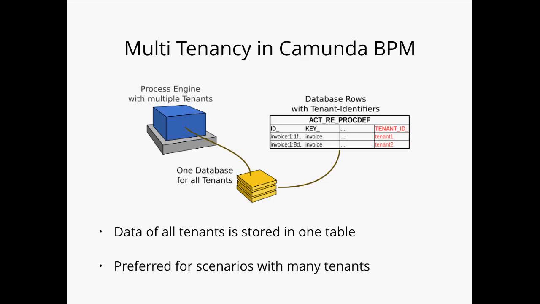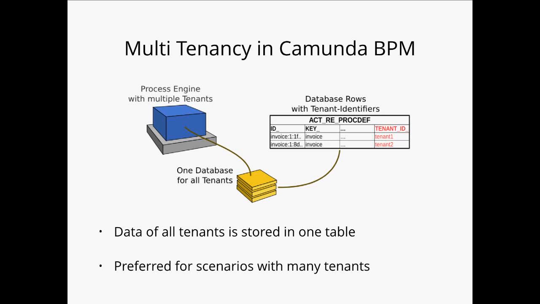Now you can conveniently query the engine with the Java API or the REST API using those tenant ID filters. And you can also use the cockpit and tasklist applications for multiple tenants without really caring about the whole tenancy concept when using it.